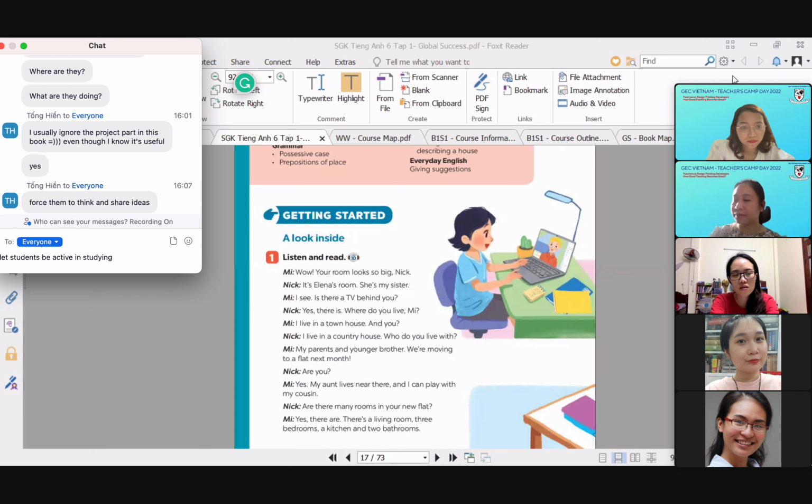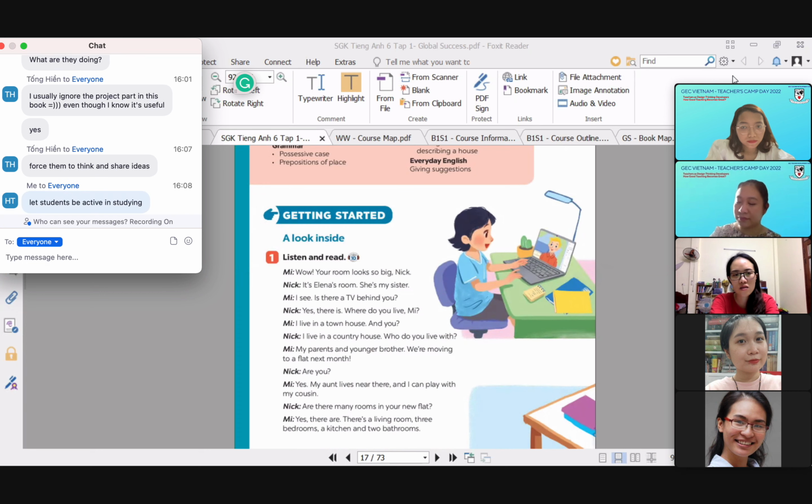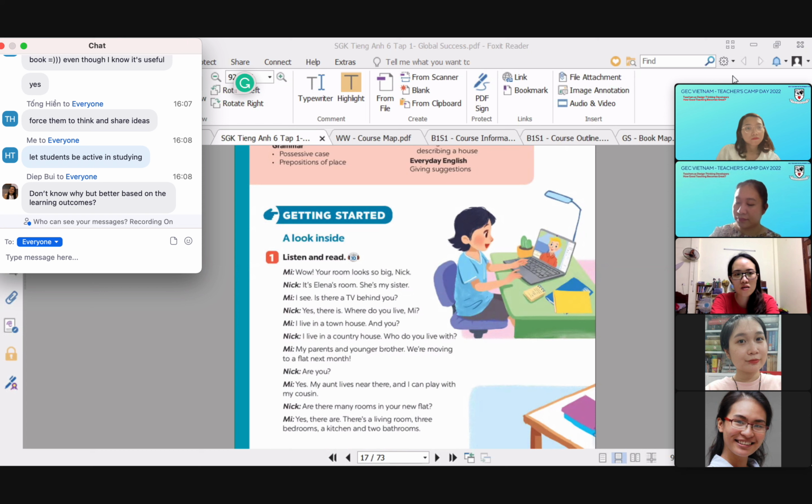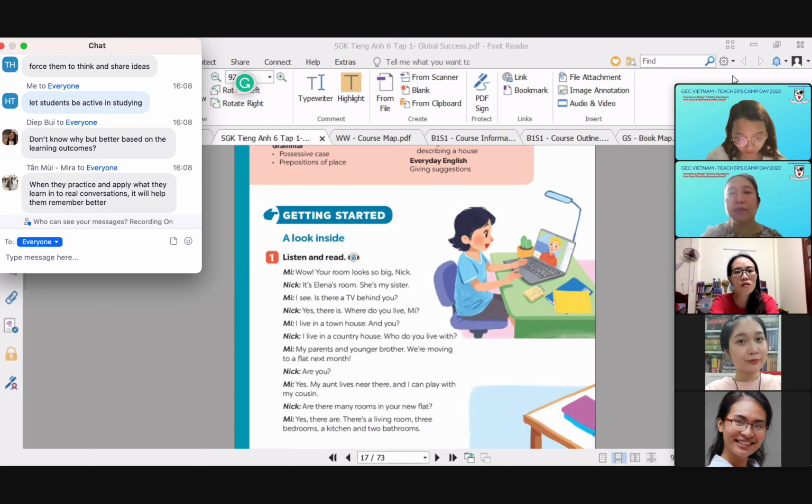I think it mostly depends on the goals of that activity. If working in pairs is a post-listening or post-reading activity, it will be a chance for the students to practice using the vocabulary and express their ideas.